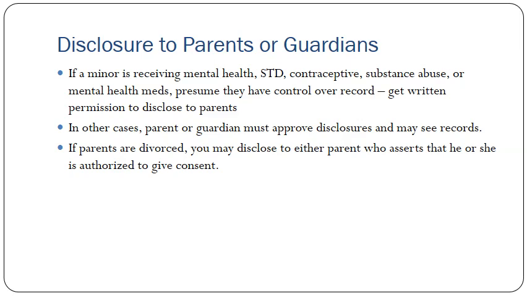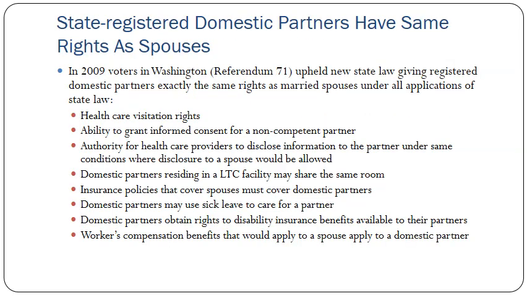This is a good reminder to ask patients who are minors about releasing the information if the parent is requesting it. Aside from all these treatment conditions, the parent or guardian can request to see the profile as well as give consent on the release of the medications. If the parents are divorced, disclosures can be made to either parent who asserts that they are authorized to give consent.